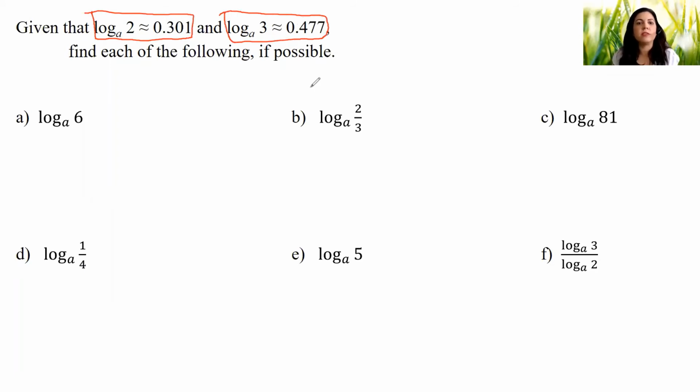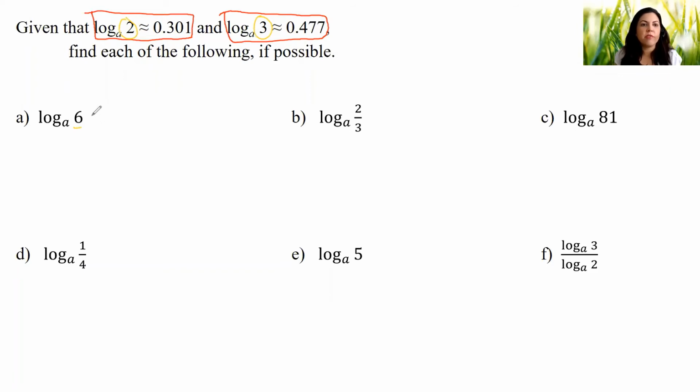We just need to use what's given to us to find any of these possible values. So if I just know these two values, can I use that to find log base a of 6? Well, our goal here is to think, can we rewrite this number in terms of 2s and 3s, since that's what we have? And we can, because 6 is equivalent to 2 times 3.